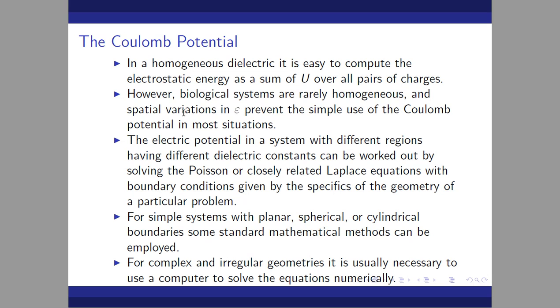Spatial variation in dielectric prevents the simple use of the Coulomb potential in most situations. But if there are only three solutions, we can just say that U equals U1 plus U2 plus U3: U1 for water, U2 for oil, U3 for the alcohol.